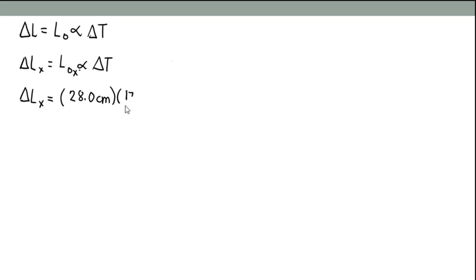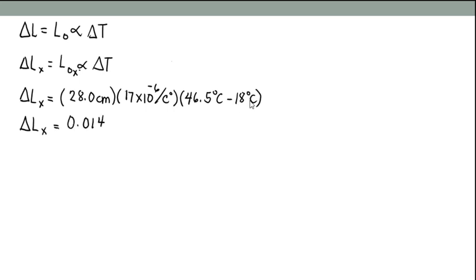Let's start with the change in length along x, or along the horizontal, and that is the initial length along x times alpha delta T. By substitution, the initial length along x is 28 cm, alpha is 17 times 10 raised to negative 6 per Celsius degree, and the change in temperature is the final temperature, 46.5 degrees Celsius, minus the initial temperature, 18 degrees Celsius. Calculating this, the change in length along the horizontal is 0.014 cm.